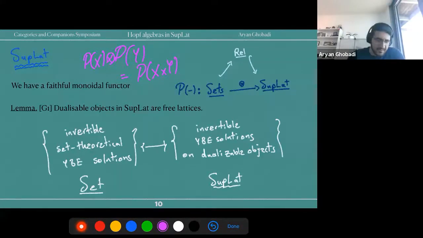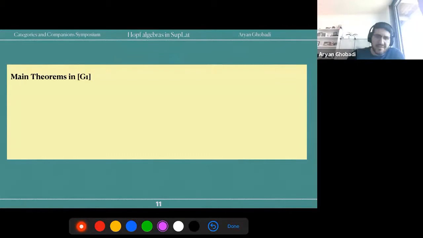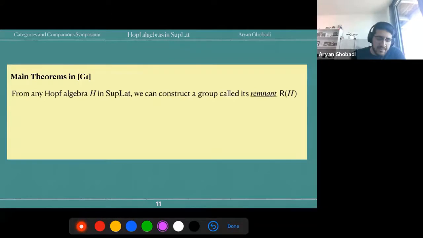Moreover, the main theorems from the paper that I'm referencing are these. After you get this enlightenment, you sit down and work with Hopf algebras there. And what I saw is that from any Hopf algebra you take, you can construct a group in it. So this is some lattice with a bunch of structure maps on it, but you can get a genuine group out of this.